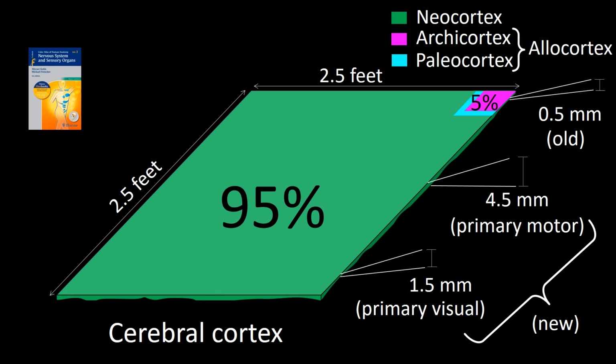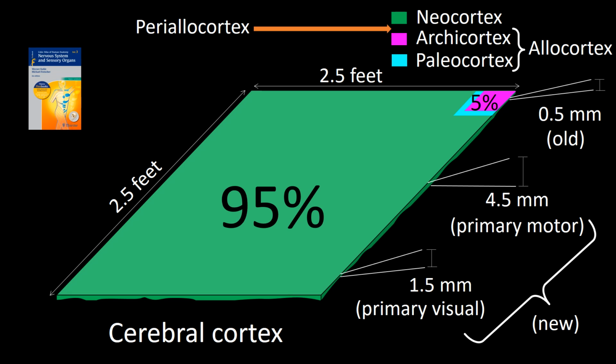The term allocortex, which means the odd cortex, is used by some authors to refer to the archicortex and the paleocortex combined. These authors often use the term periallocortex to denote the transition area between the allocortex and the neocortex.